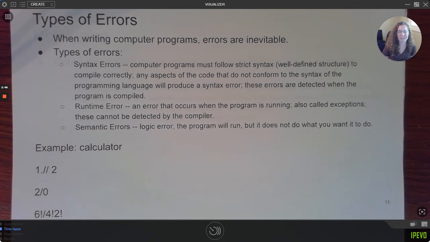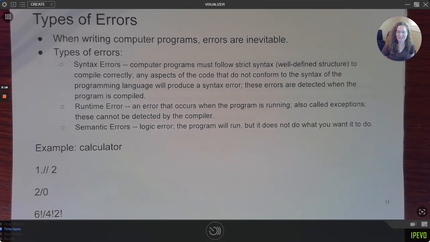With a runtime error, the compiler went through, didn't find any syntax errors, and begins to run the program, and the program is running, and then all of a sudden it crashes. So something unexpected happened. Sometimes we call these exceptions. Something that can't be handled by the computer has happened while the program is running. This is a runtime error. We'll look at an example in a second, but that's what a runtime error is.